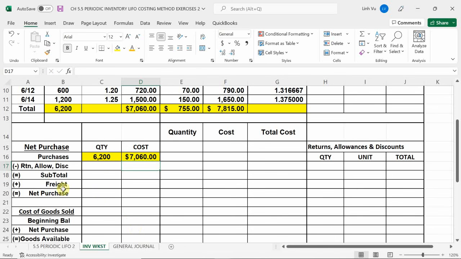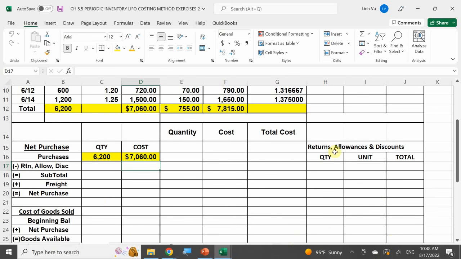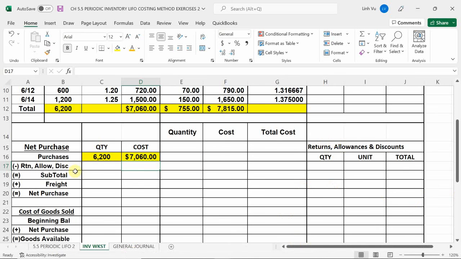7,060. No returns and allowances. It's empty right there, so if I subtract 0, it's still going to give me the same number. Freight adds 0 to quantity, but it adds to the cost.